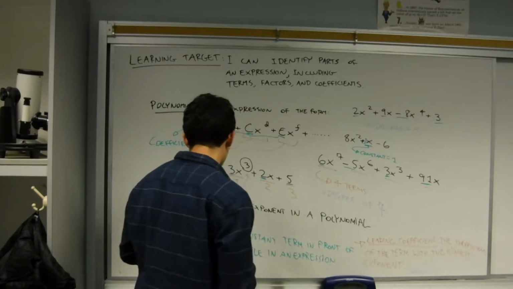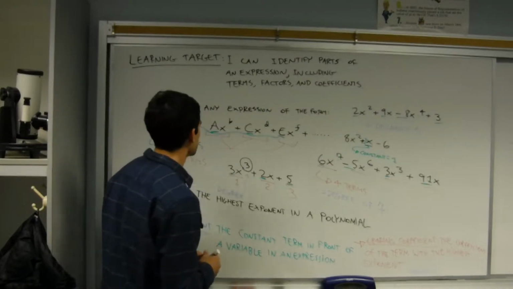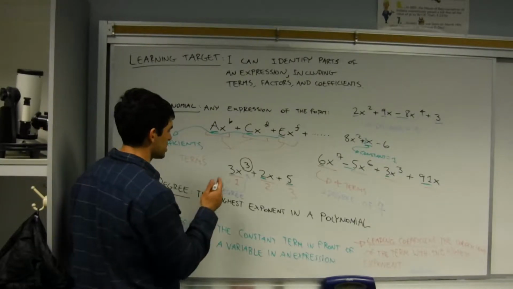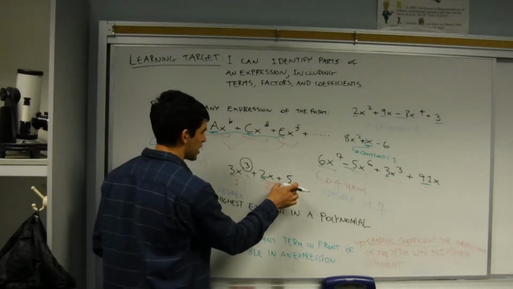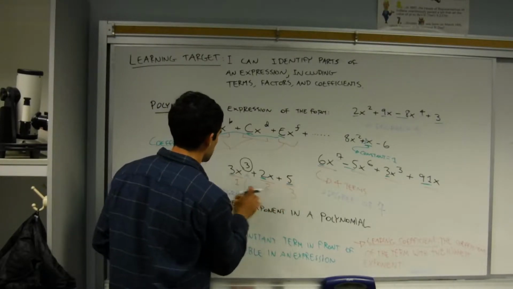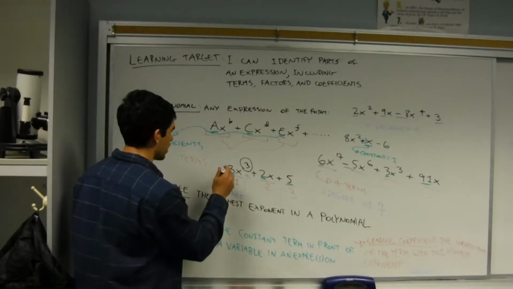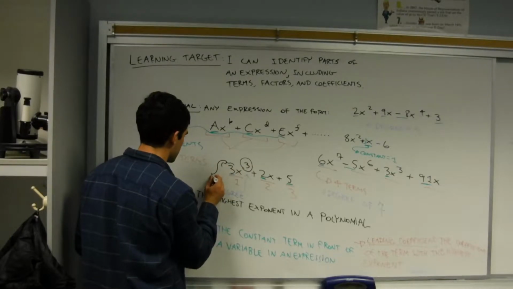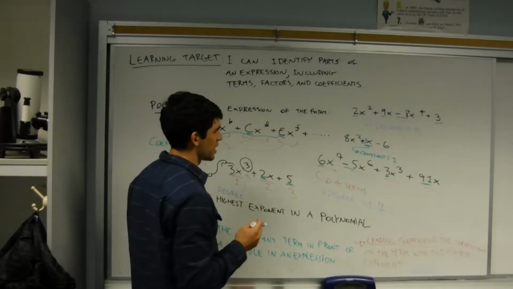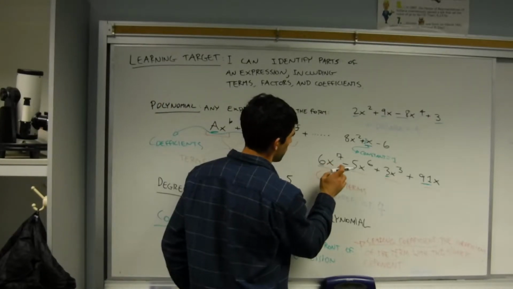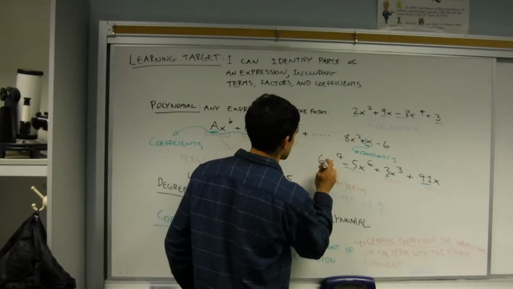Let's go back and identify what the leading coefficient for each of these is. In this case, first we want to identify which is our term that has the highest exponent. It's 3x cubed. So that would mean that our leading coefficient is 3. I'll write LC is 3. In this example, our term that has the highest exponent is this.